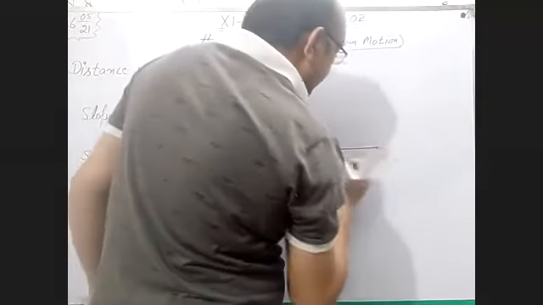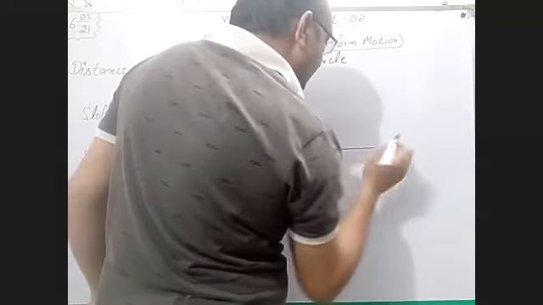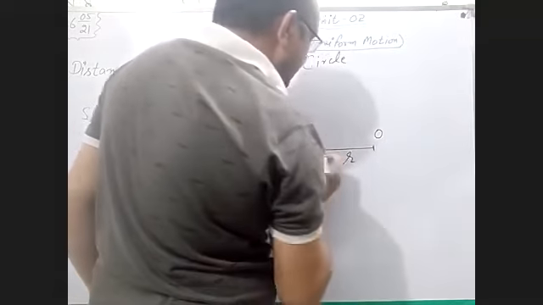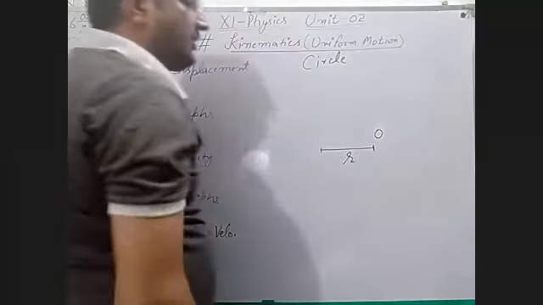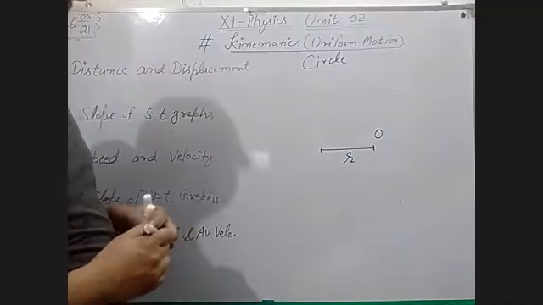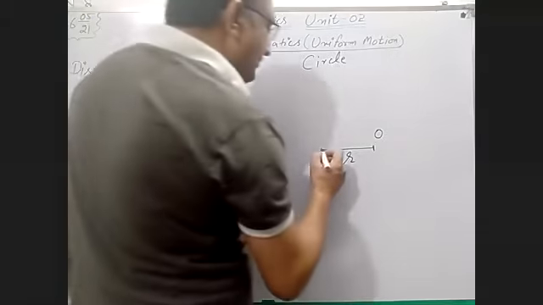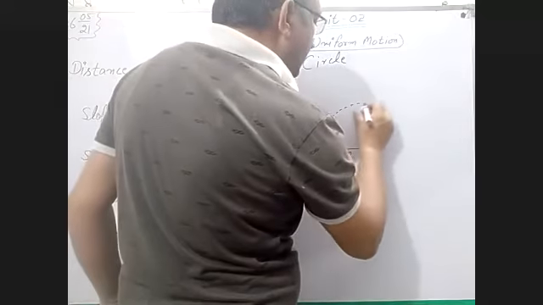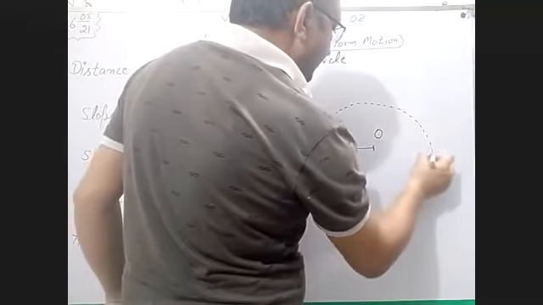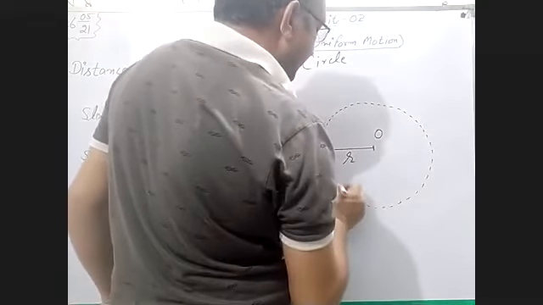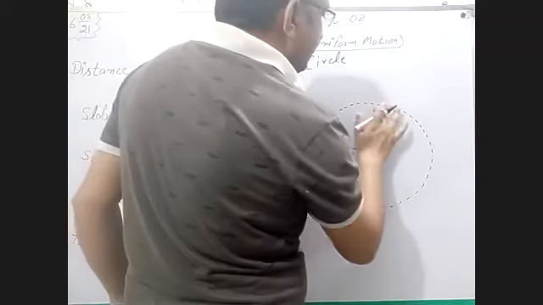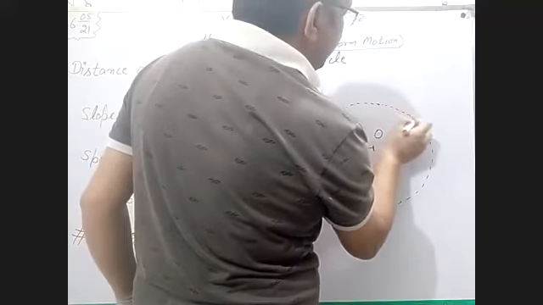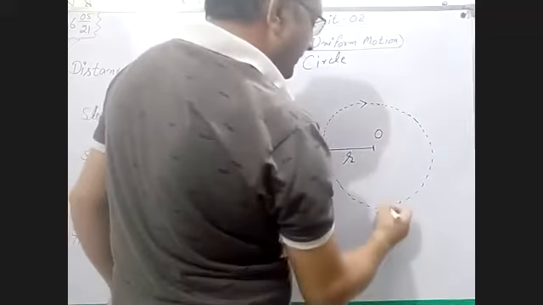Suppose you have a radius r, and an object moves along a circular path in this way, in the clockwise direction.